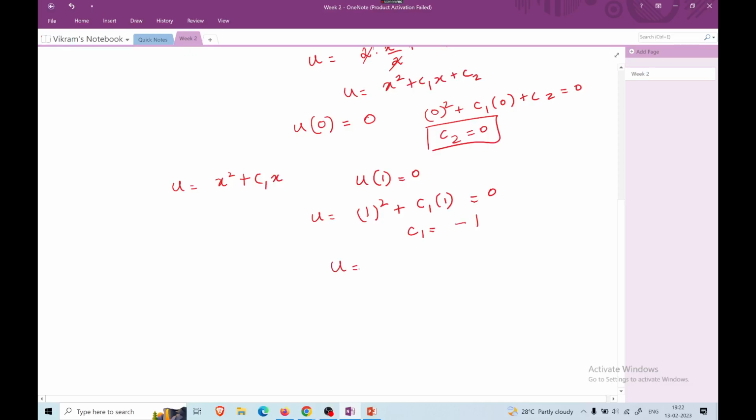Therefore u is equal to x square minus x, which is x into (x minus 1). This is my exact solution.